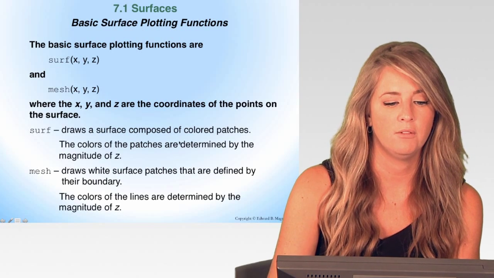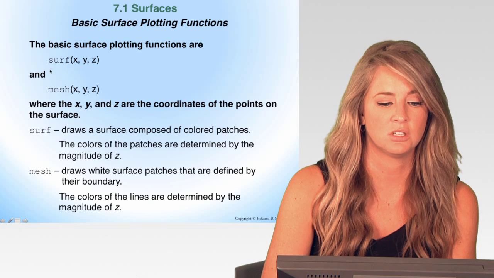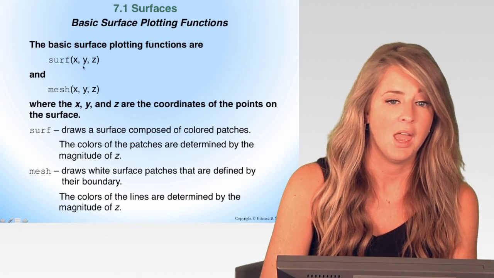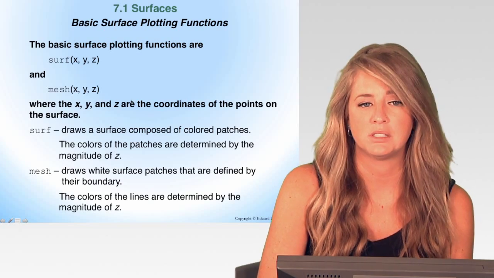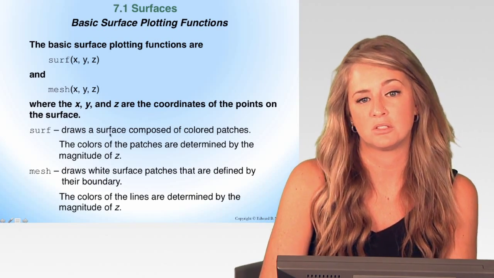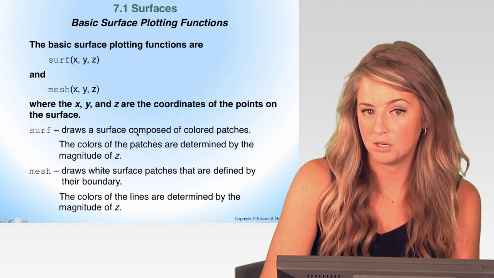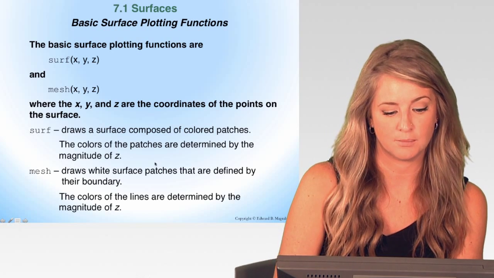We have two basic surface plotting functions: surf(x,y,z) and mesh(x,y,z). x, y, and z are just the coordinates of the points of the surface. You can see here, surf draws a surface composed of color patches, whereas mesh draws white surface patches.